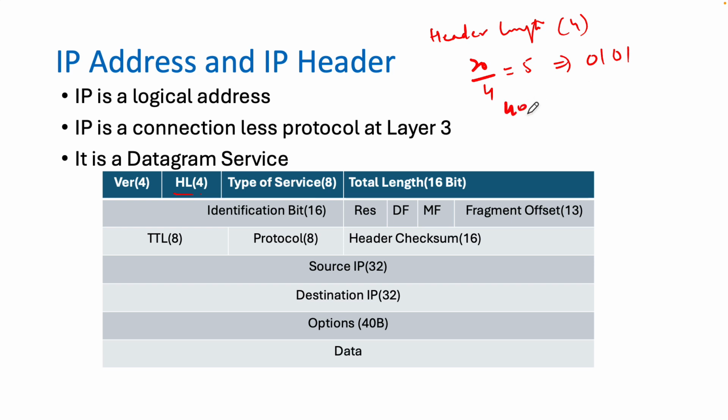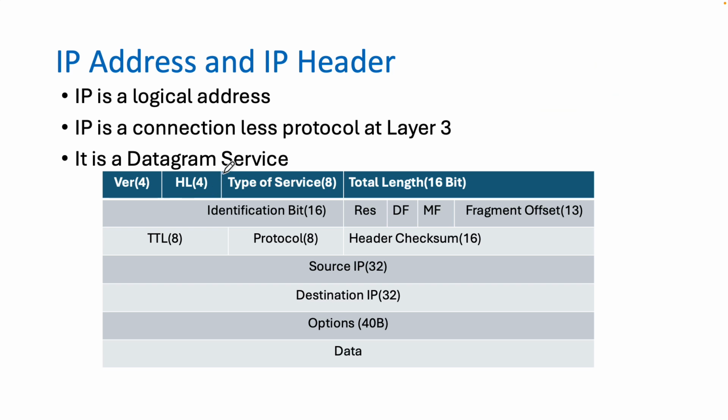And if we are using 40 bytes of size total, divide by 4, answer will be 10. Convert that into binary, 1010. So it will be mentioned here. And for 60 divide by 4, answer will be 15. The value will be 1111. You can mention it here.